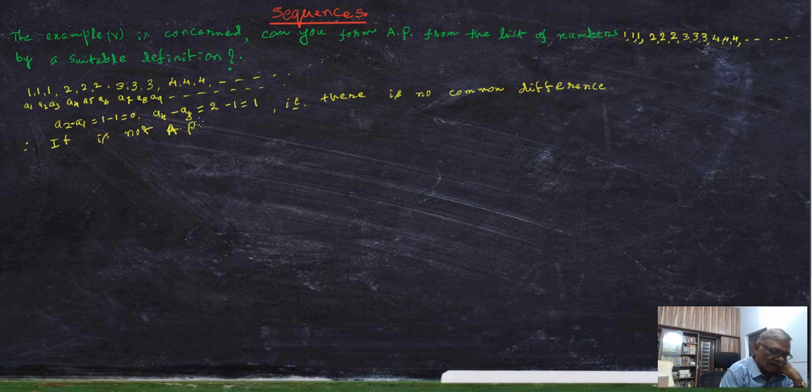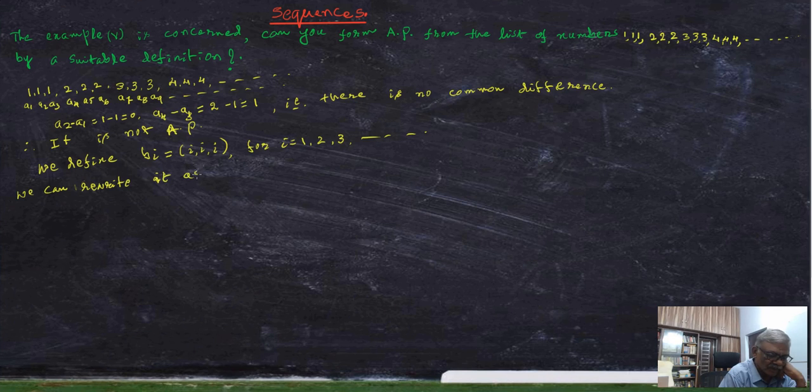Now you can see, we define Bi equal to i, a triple of numbers, for i equal to 1, 2, 3, and so on. Now we can rewrite it as 1, 1, 1, a triple of numbers.